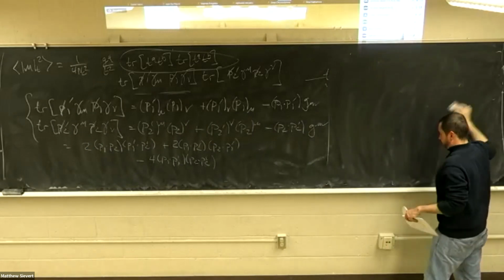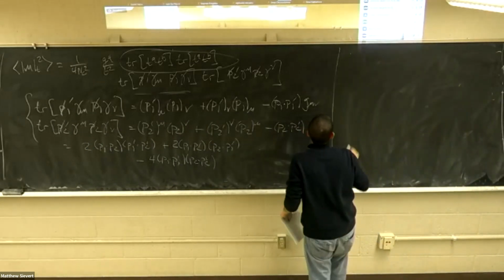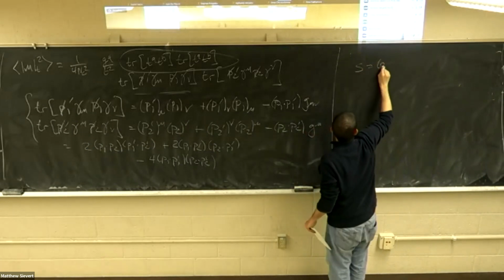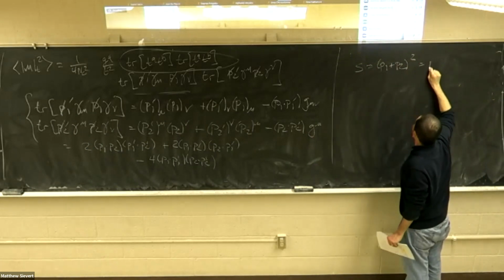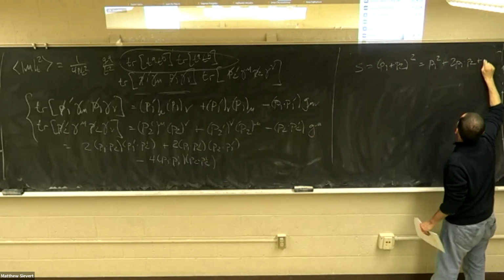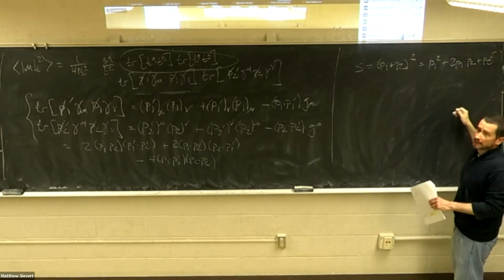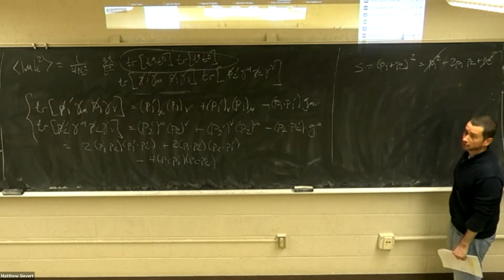The general form of the Mandelstam invariants can be a bit messy, but it's really nice in the massless limit. For instance, I had s was (P1 plus P2) squared. If I open up those parentheses, that's P1 squared plus 2 P1 dot P2 plus P2 squared. But if I'm working in the massless limit, P1 squared is 0. So is P2 squared.